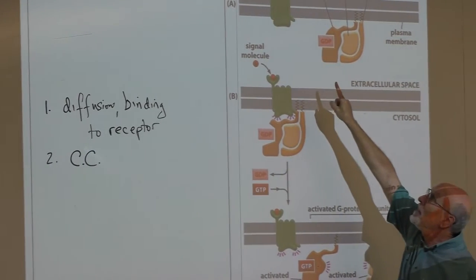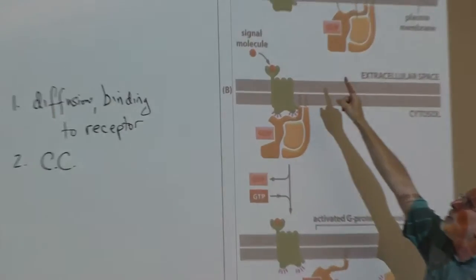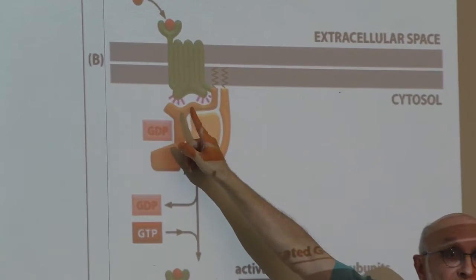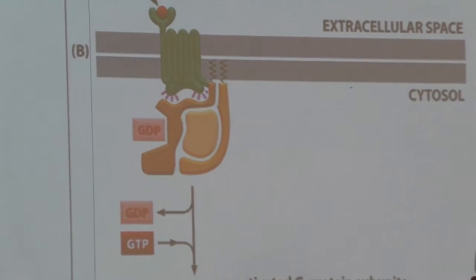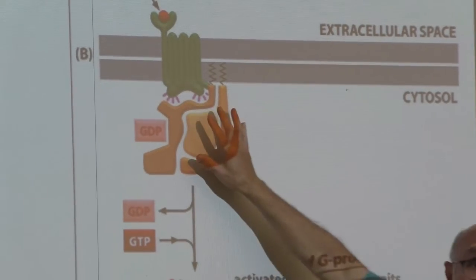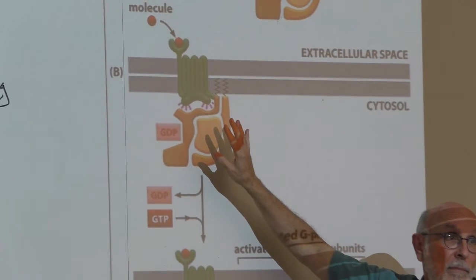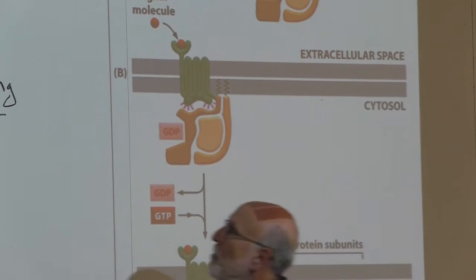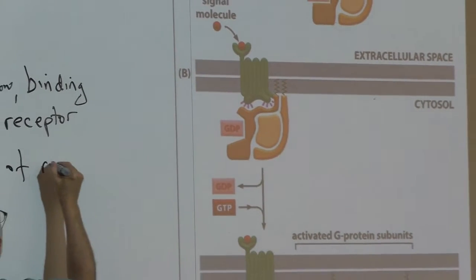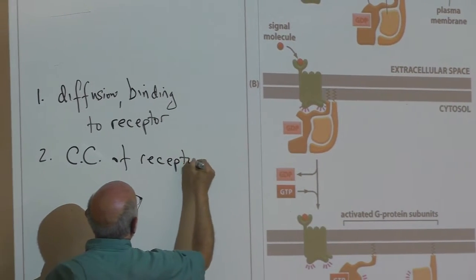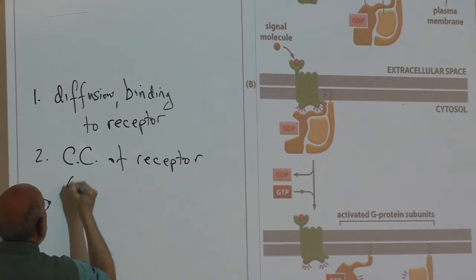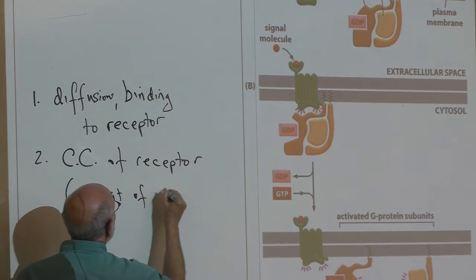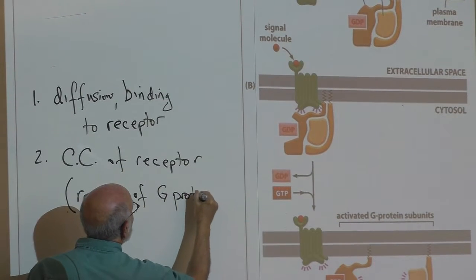It's different in the unliganded receptor in A and the liganded receptor in B. There's a conformational change in the receptor, which, as was said, recruits the G protein. In some cases, the G protein is already bound. So: conformational change of the receptor. Sometimes there is recruitment of the G protein. That's not always the case.